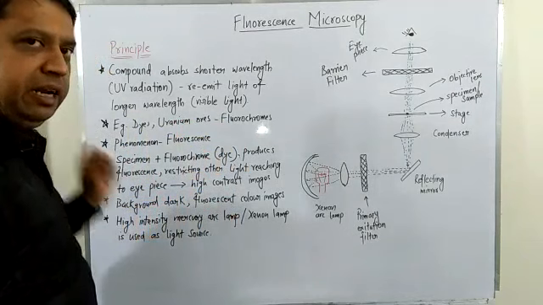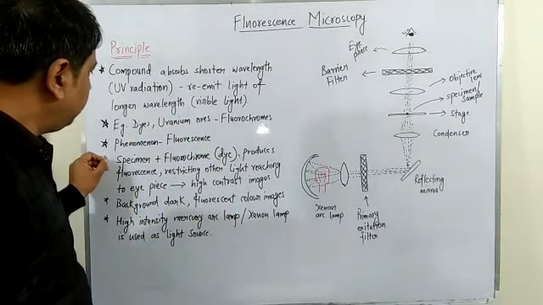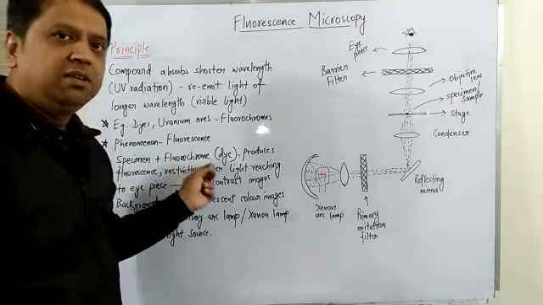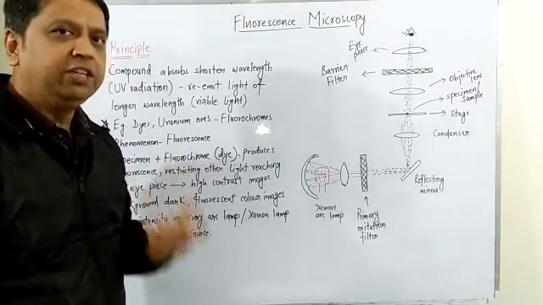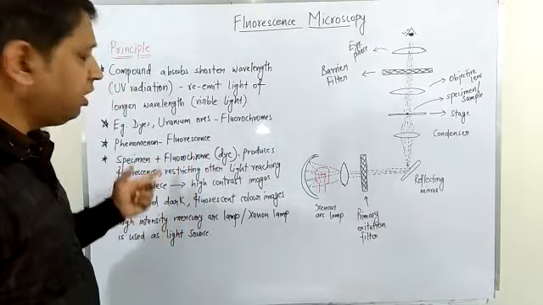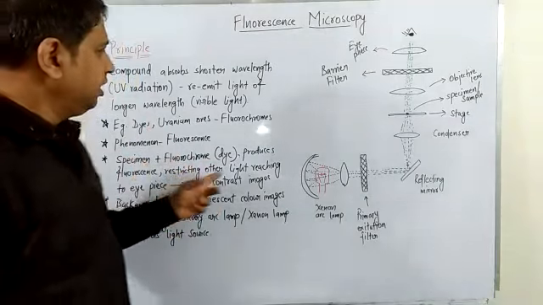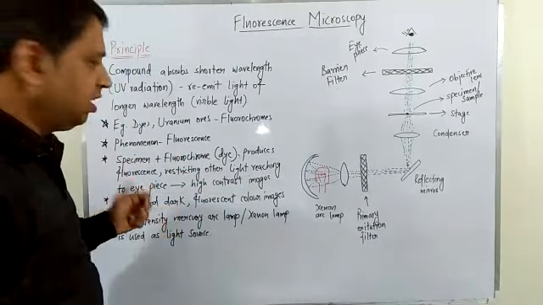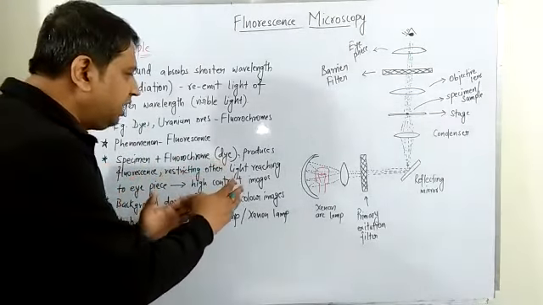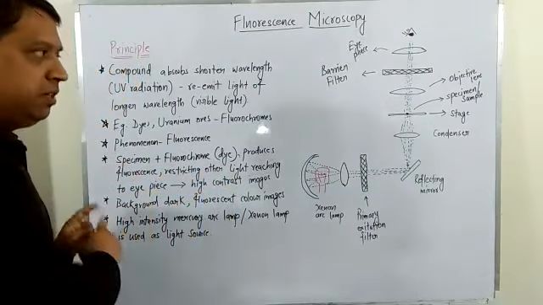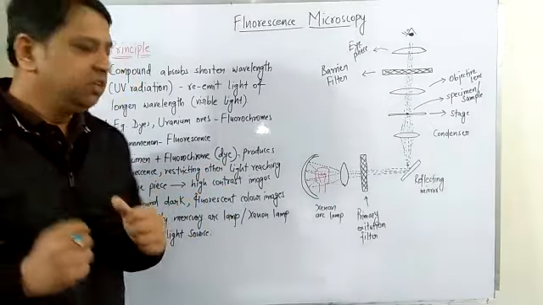Again I am repeating, the idea is this: if the specimen is mixed with a fluorochrome or dye, it produces fluorescence while restricting other light from reaching the eyepiece.